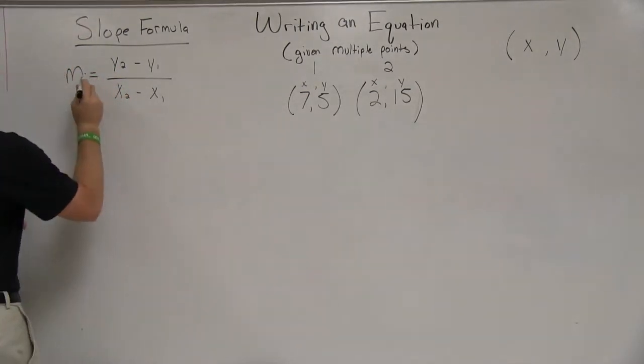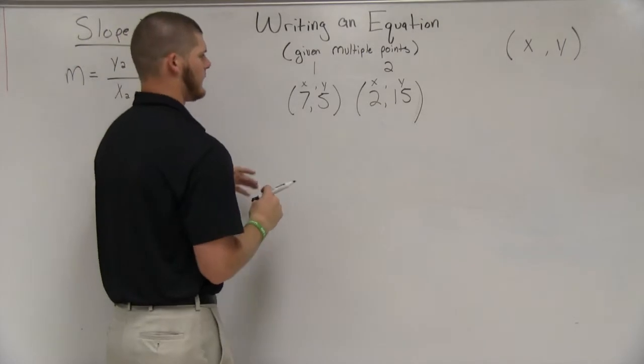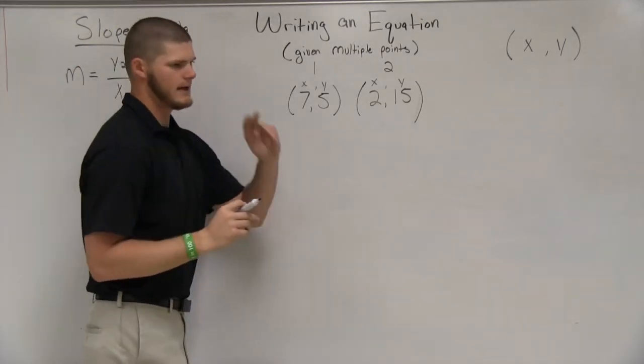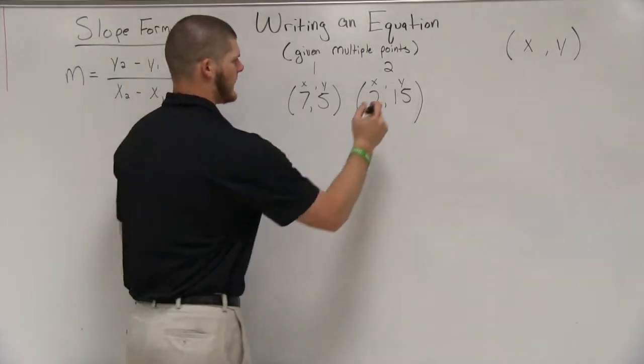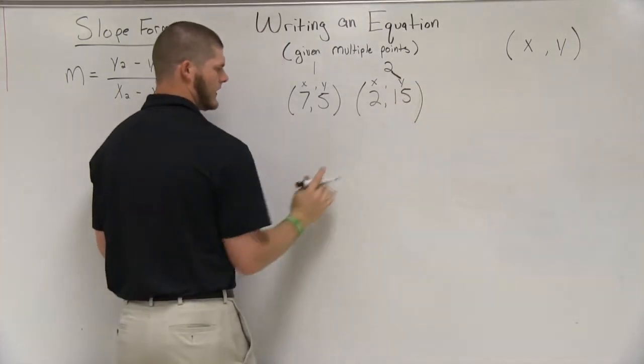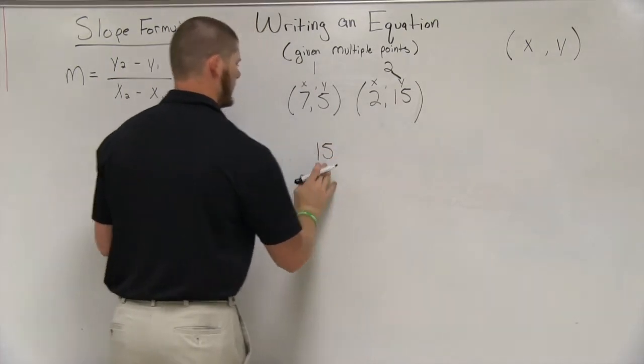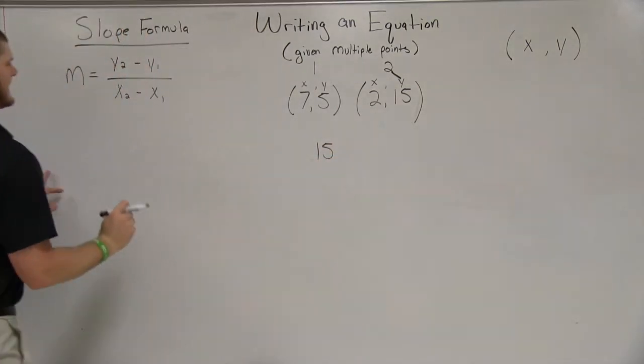So our equation starts with y2. We look over here, and that tells us that we are looking for the y value in our second point. So y2 is 15. Then it says subtract.